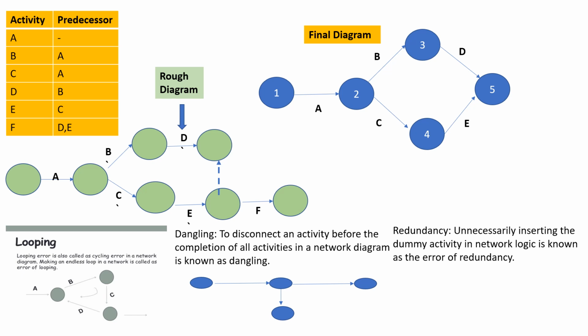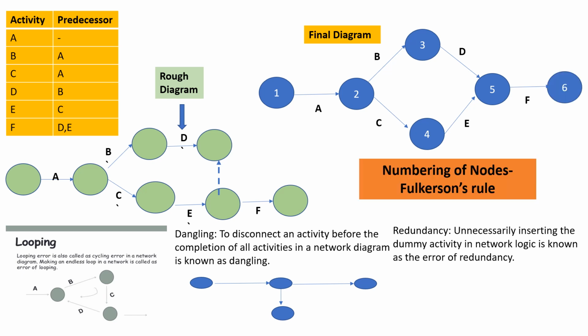Therefore, the dummy has been removed from the final diagram. If a dummy can be removed, it will be removed in the final diagram. And once again, numbering of nodes is done according to Fulkerson's rule.